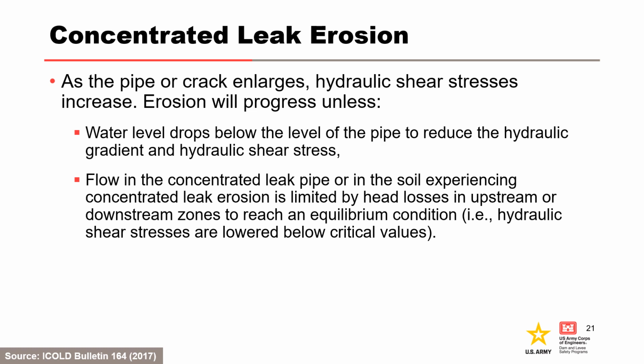Another scenario is flow limitation, when flow in the concentrated leak is limited by head loss in the upstream or downstream zones, causing the pipe to reach an equilibrium condition. This typically occurs in an upstream zone, for example, a concrete face slab, that can limit flows into the crack or pipe to sufficiently reduce hydraulic shear stress below critical levels to arrest the erosion process.